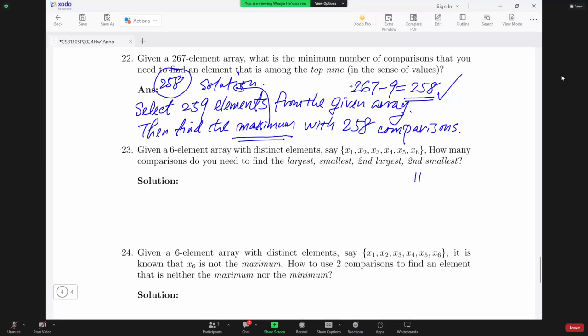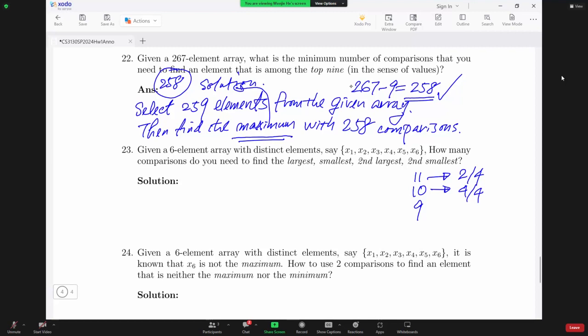If you get 11 comparisons to find the solution, you get 2 points, 2 out of 4, partial credit. If you get 10 comparisons, you get full credit. But there is a better solution, 9 comparisons.